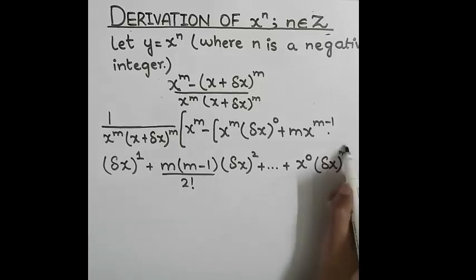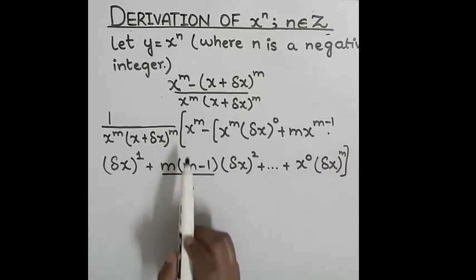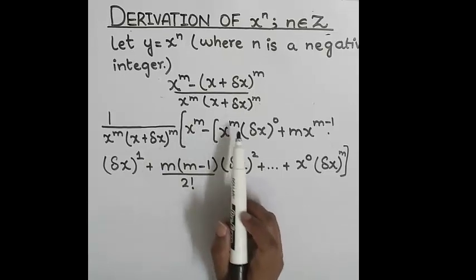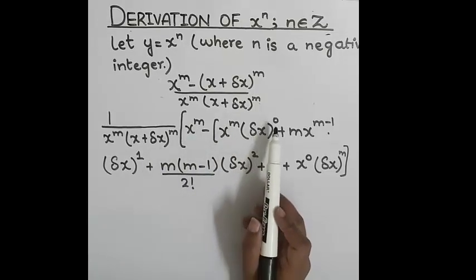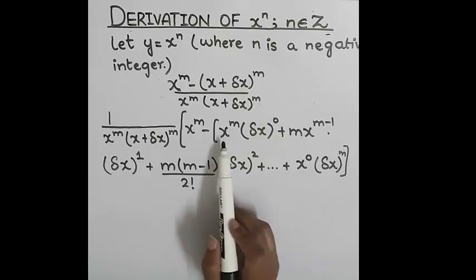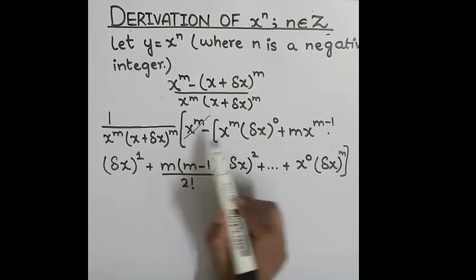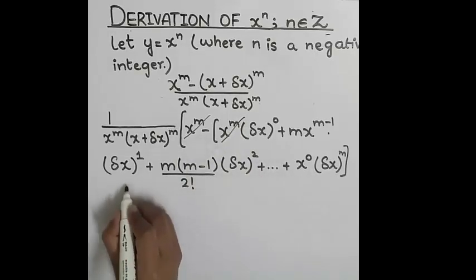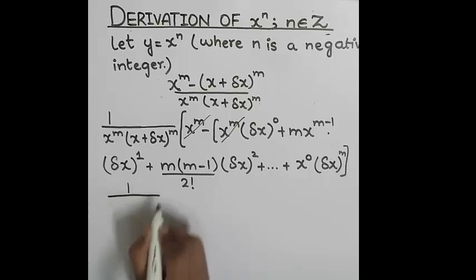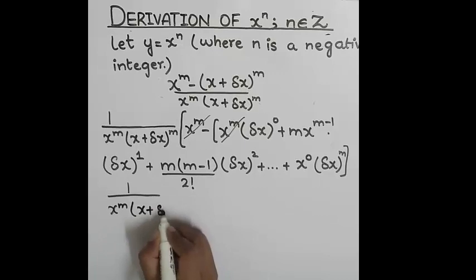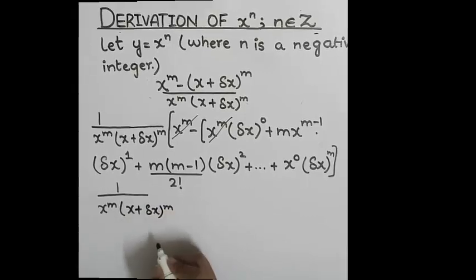Now here we have x raised to power m, and this is x raised to power m multiplied by delta x raised to power 0. Delta x raised to power 0 means 1. So 1 multiplied by x^m will give us x^m, so x^m will cancel out with this x^m. Now we have 1 over x^m (x plus delta x) whole power m.